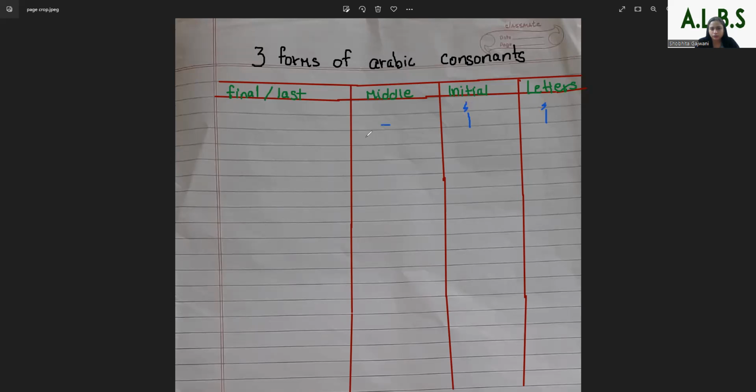It does not have any middle form. And the last and final form is like this. It has a tail from its left side.